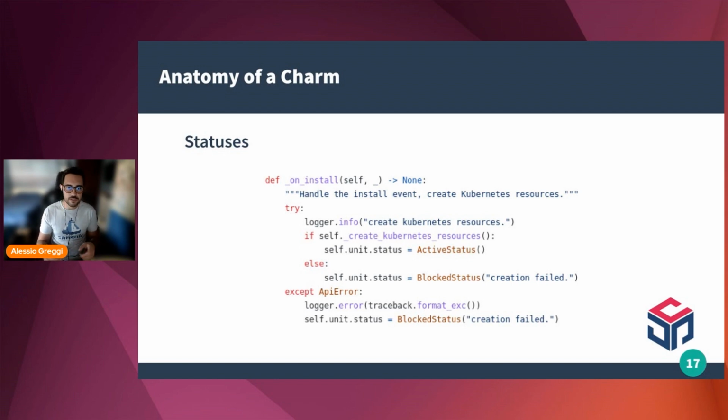We essentially wrapped the function inside a try except, and in case the function fail for some reason, we can inform the final user that the status of the application is blocked.